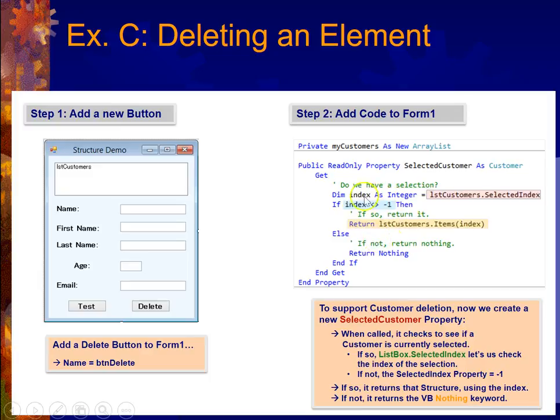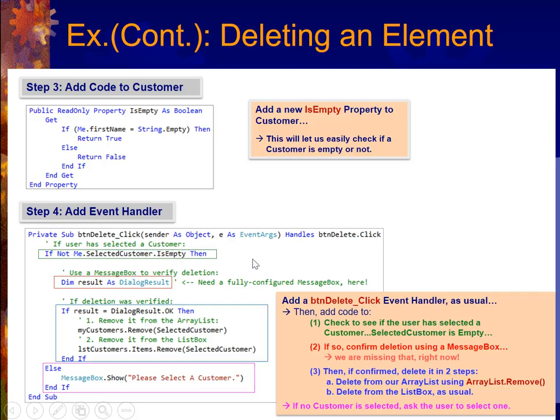So we're going to write some code which makes sure that there is something selected, and then that something is going to be called our selected customer. So once we have that selected customer, we can refer to its isEmpty property and check whether it's empty.